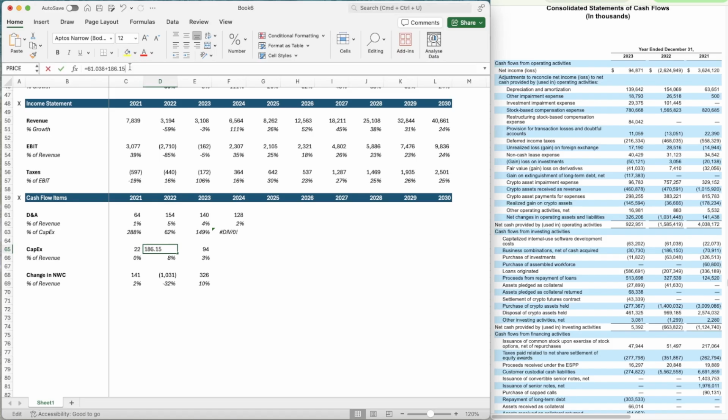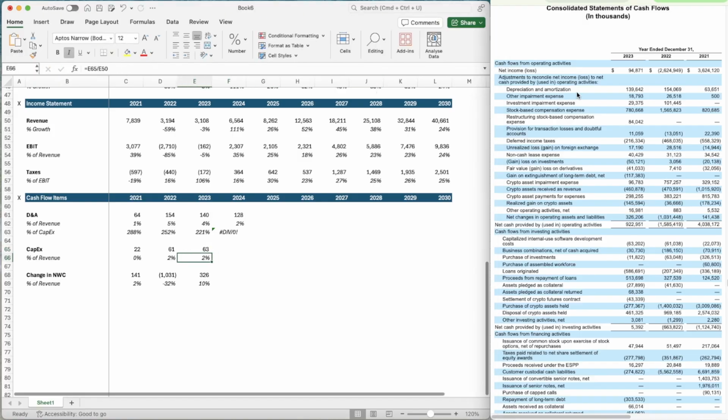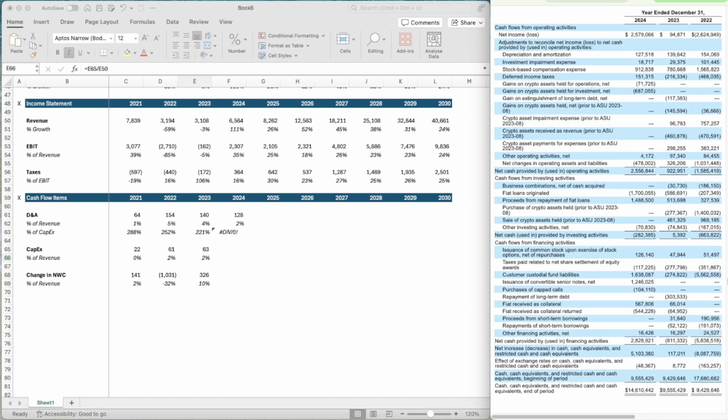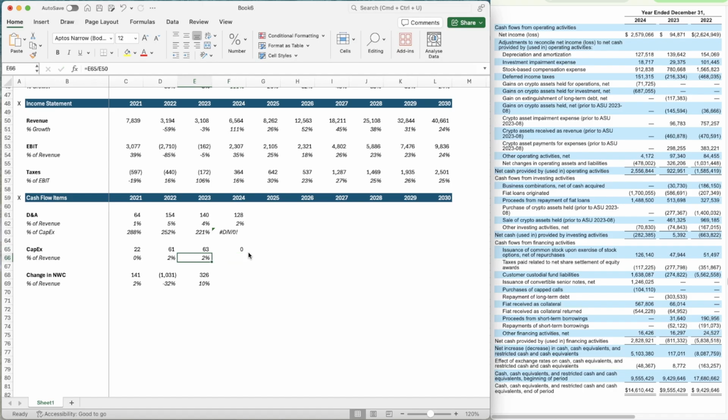So let's take that off and just keep the first line. It's a very low capex company, Coinbase. No capex at all for 2024.